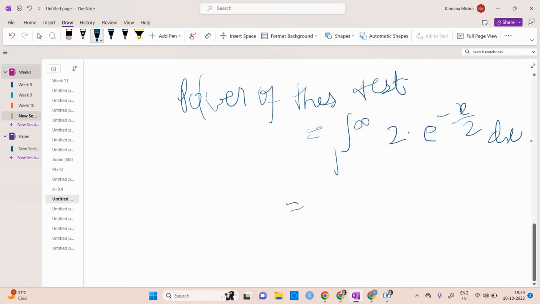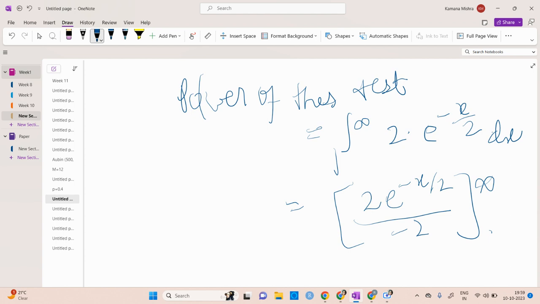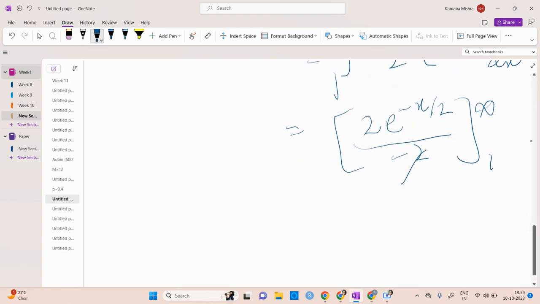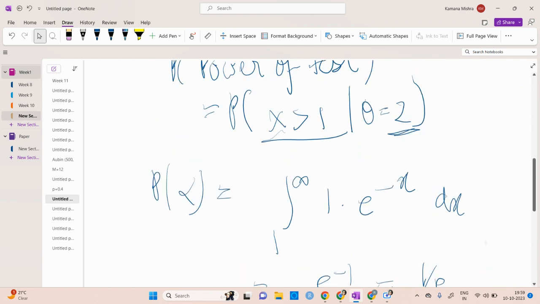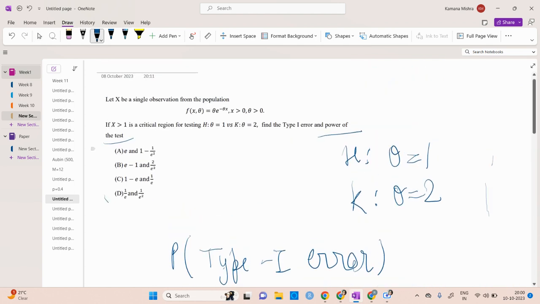So it will be 2 e to the power minus x upon 2 divided by minus 2, evaluated from 1 to infinity. At infinity it will be 0, and at 1 it will be 1 by e square, e to the power minus 2. So 1 by e and 1 by e square will be the answers, right? If you have any confusion, you can ask.